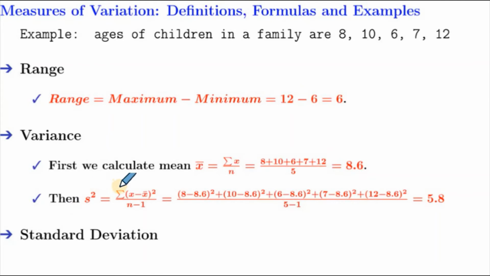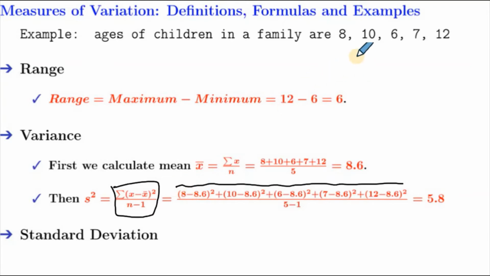Then the formula for the variance is this. So it is the sum of (x minus mean) squared, over n minus 1. This whole thing is the sum of (x minus mean) squared.